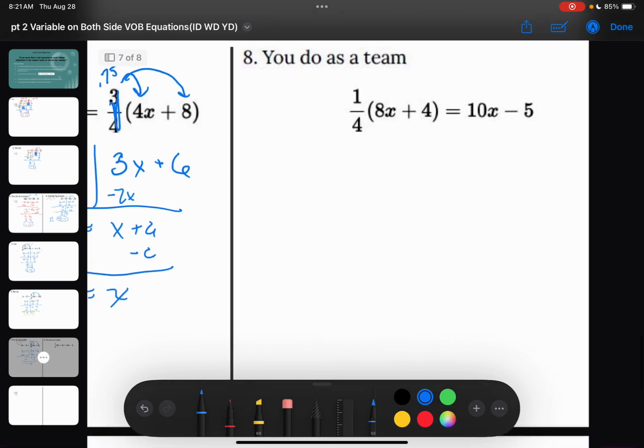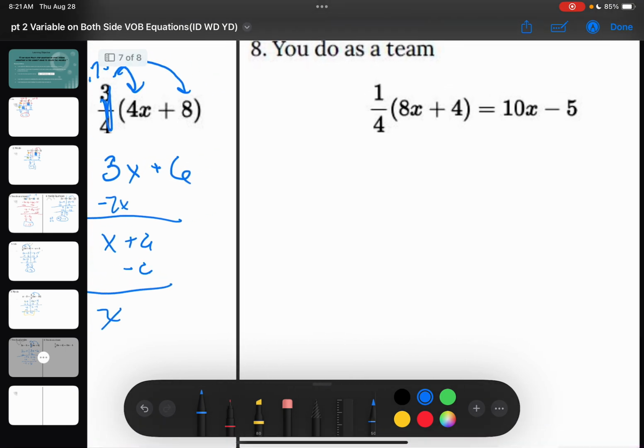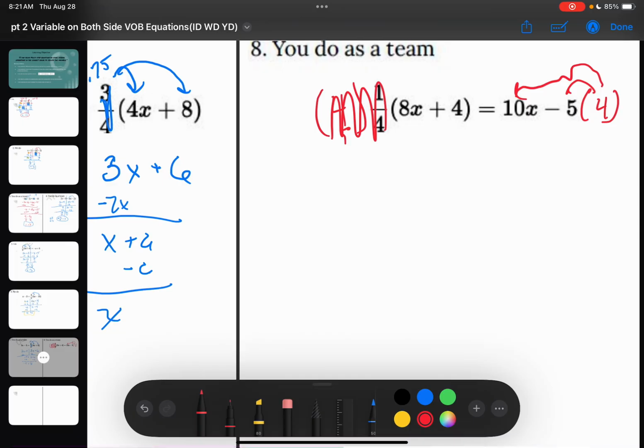Now on this one, you could multiply both sides by 4, 4 over 1, because again, the fraction would go away. And multiplying by 4 on this side isn't a big deal. Also, because of the fraction, having a 1/4 of 8 is also not a big deal, and a 1/4 of 4, not a big deal.